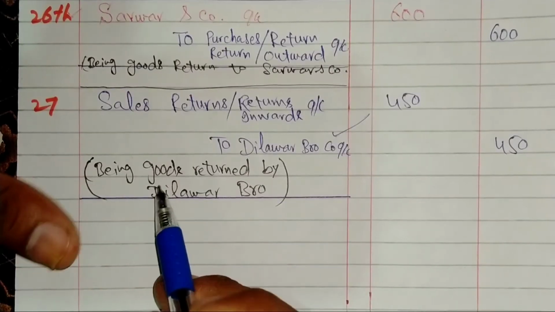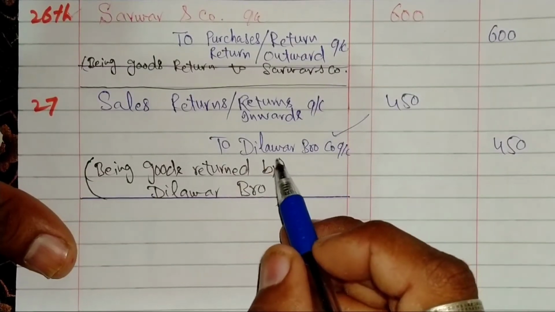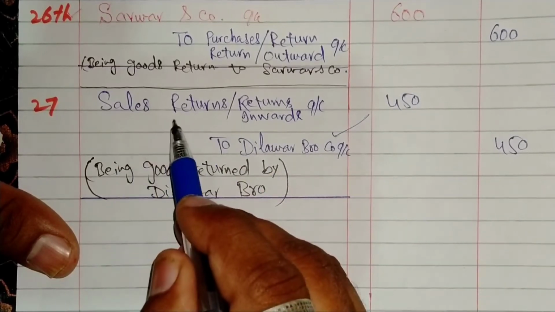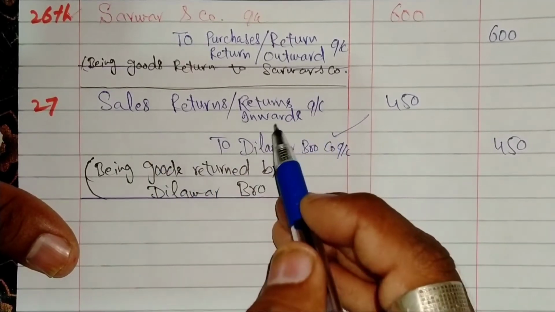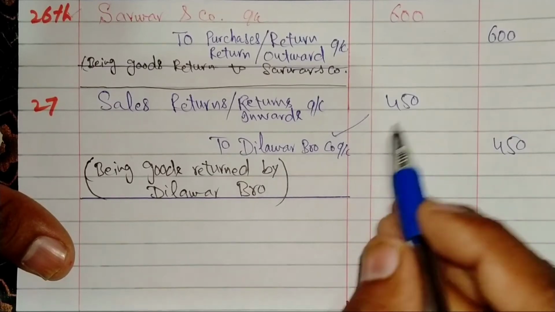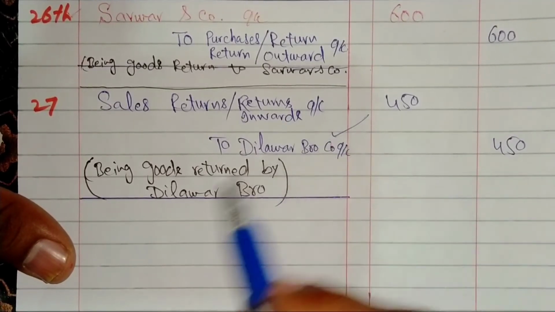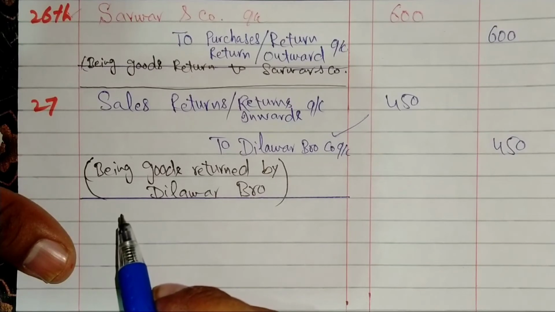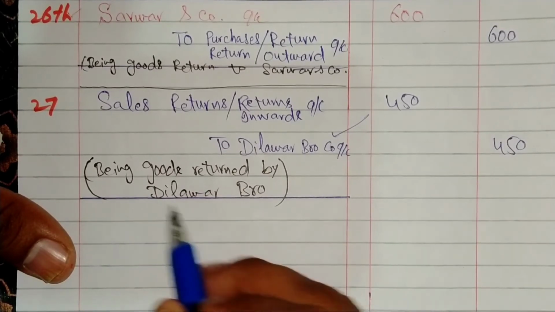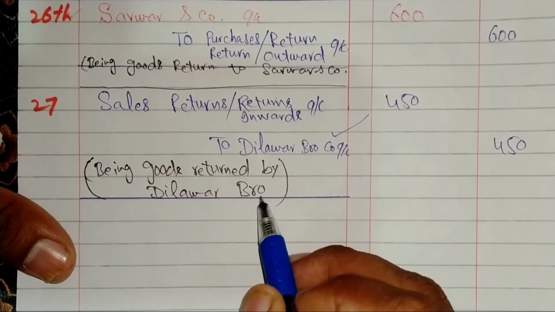The current entry of Dilawar Brothers account is related to sales or returns inward with amount $450, being goods returned by Dilawar Brothers to us.